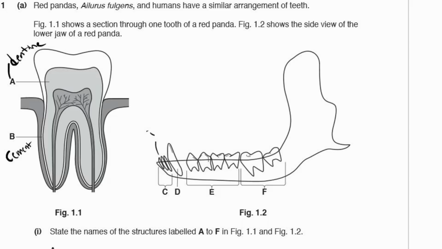These are known as incisors. Then we have this big pointed tooth, that's a canine. And we have these ones at the front of the back section. These are premolars. And these ones at the very back are the molars.